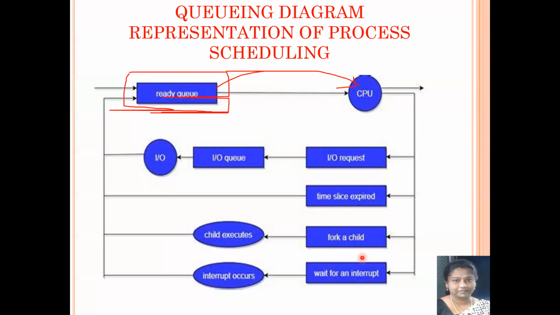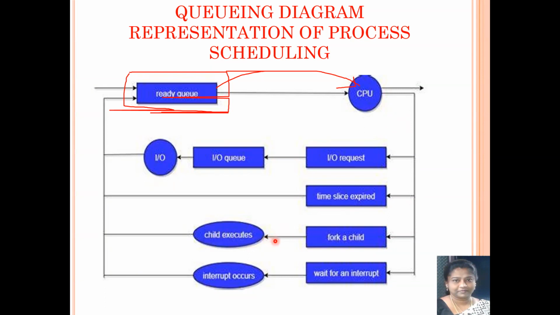The third scenario is whenever a process wants to create another process, that is called forking a child. Fork a child means a process creating another process. So whenever a process creates another process, in that case also, the process will be removed from the running state, and depending upon the scenario, the parent process may or may not wait for the child to complete.